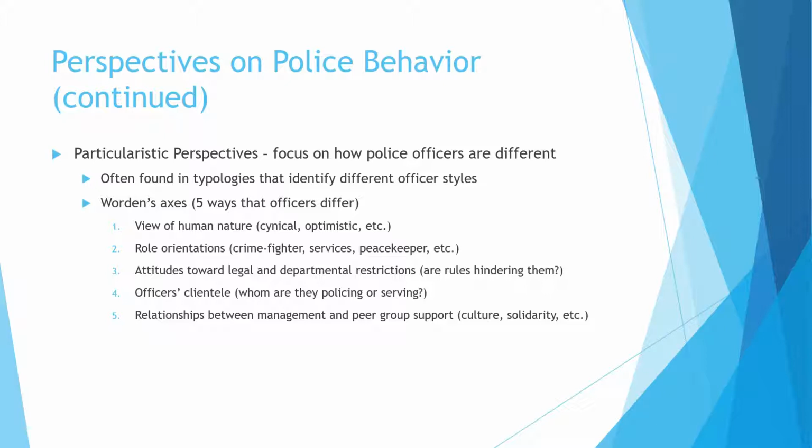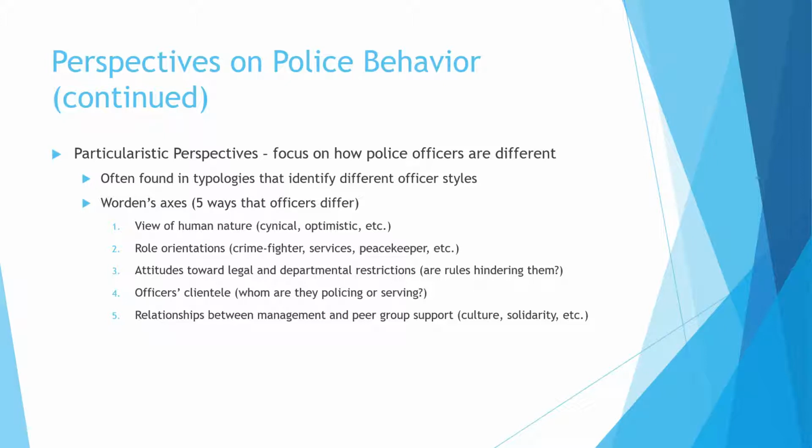All of these things Warden found were reasons why police officers differed from one another. If we know these, and we have officers, for instance, who are exhibiting some bad behavior, we can do an analysis based on these five axes and identify where we need to change things.